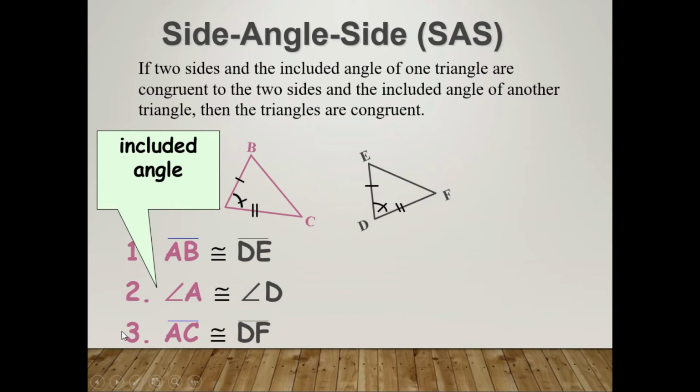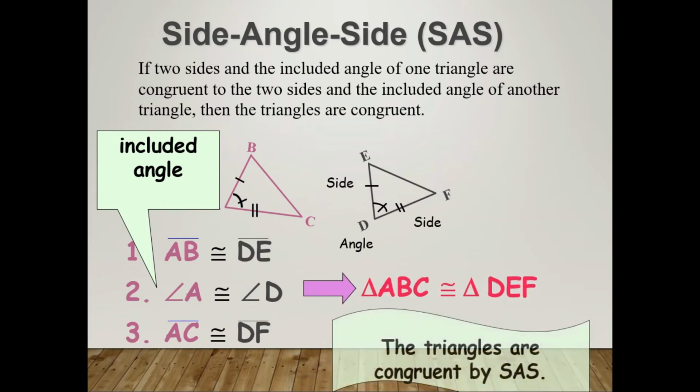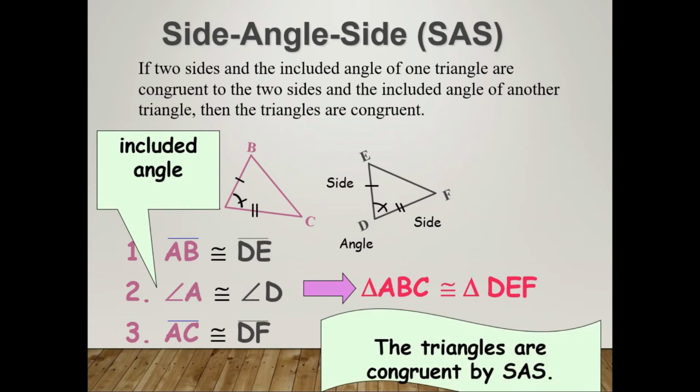And for the last number, we name the two sides which are congruent. Now, we can now state or prove why these two triangles are congruent. So, using the side, angle, and side, we have triangle ABC is congruent to triangle DEF, and that is by SAS Congruence Postulate.